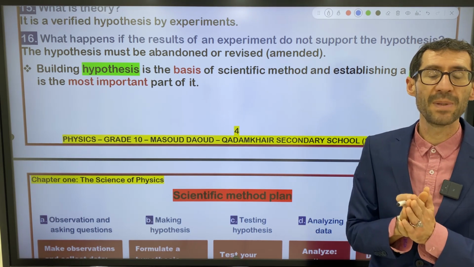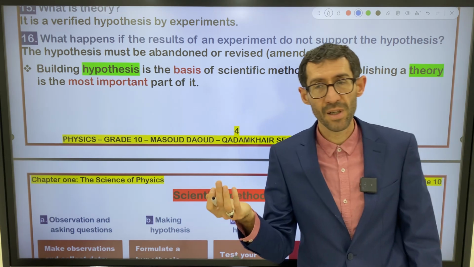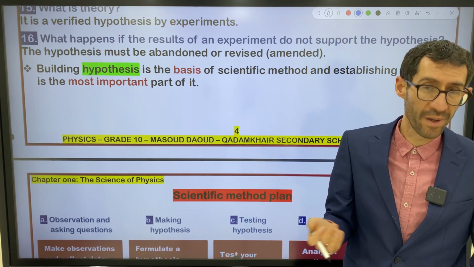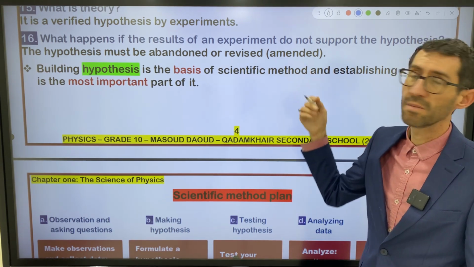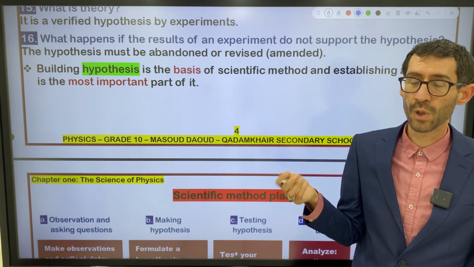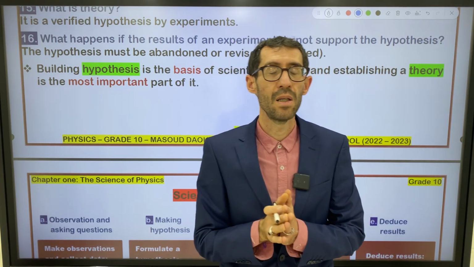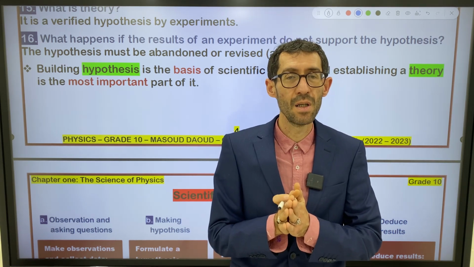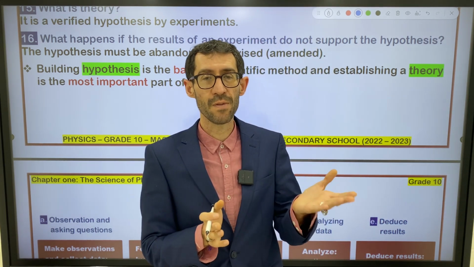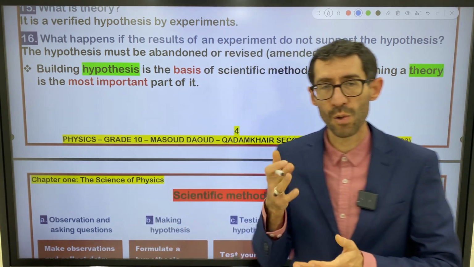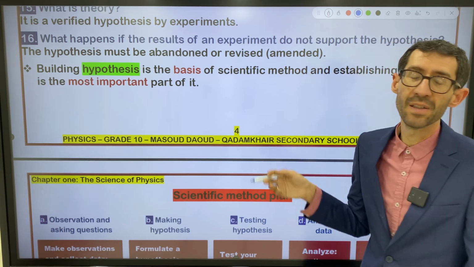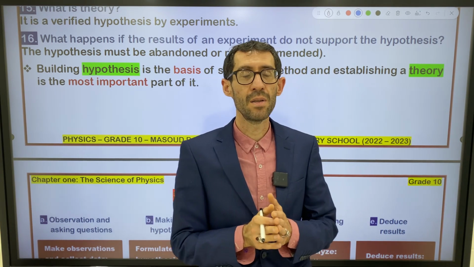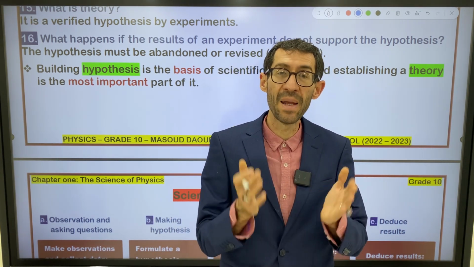So it must be abandoned, left forever, or it must be amended. The theorist could change some parts of the hypothesis to correct his or her mistakes. So either the hypothesis is left or amended.